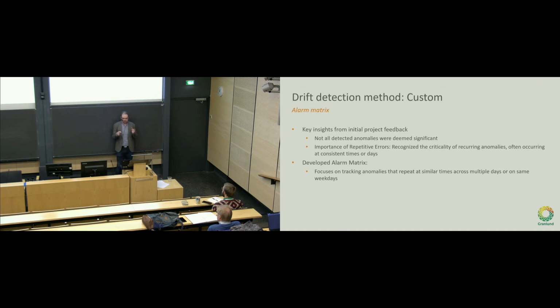Every day when we get new data, we run these models, and if there is a point that goes outside the uncertainty boundary that we got from our probabilistic method, then we check: has the same thing happened in similar hours of the day, a couple of hours before and after, in the previous days?